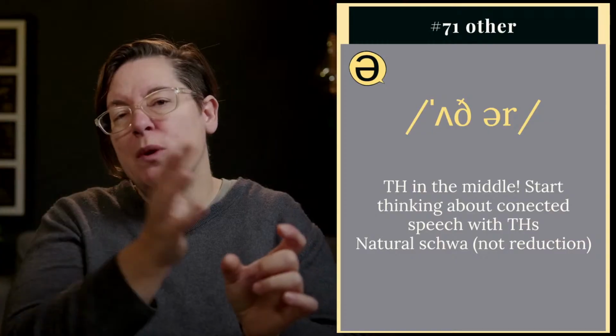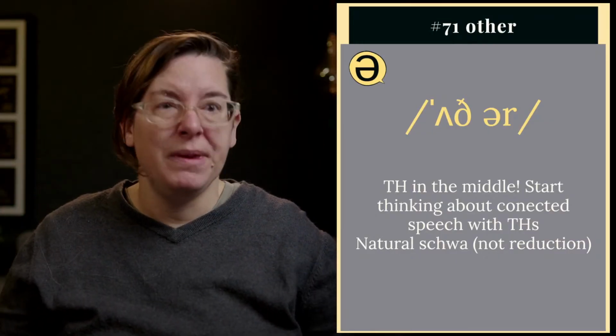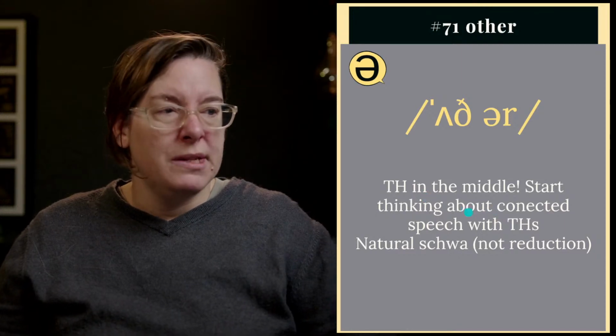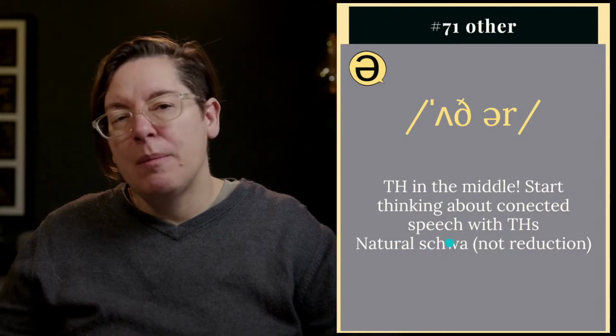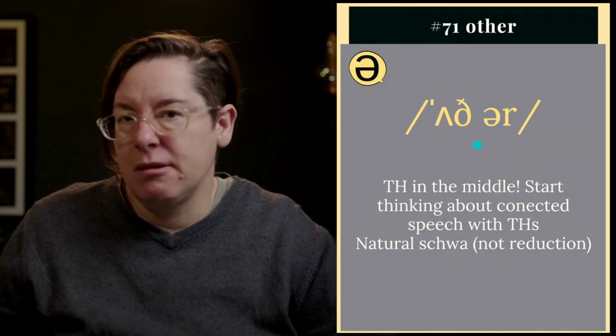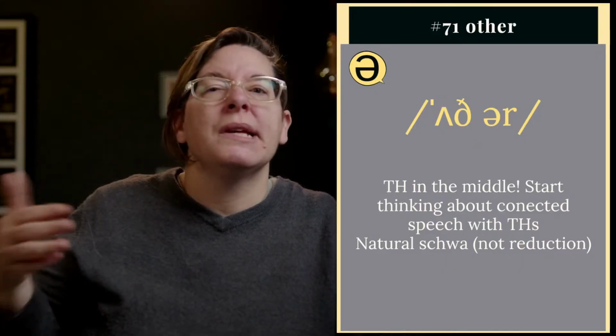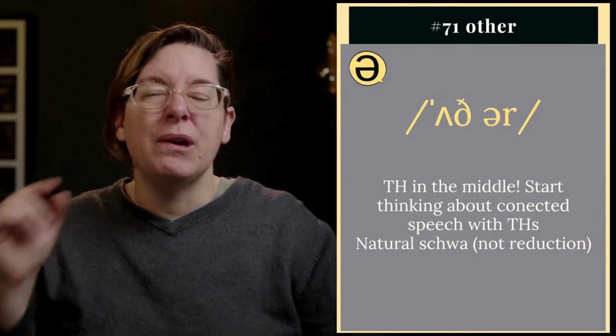So what's before it? How am I transitioning into the TH, right? That's connected speech. So, this is a difficult one, I think. Other. And what I'm calling here is a natural schwa, because it's not because we're reducing it, right? That's just the way the word is. It has the schwa in there. So other. My jaw's too open, sorry.